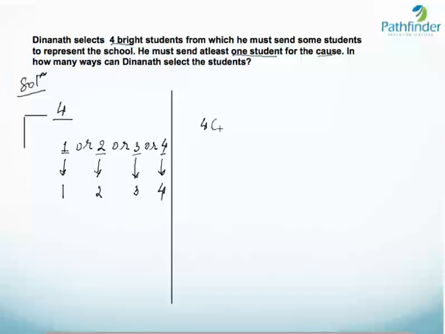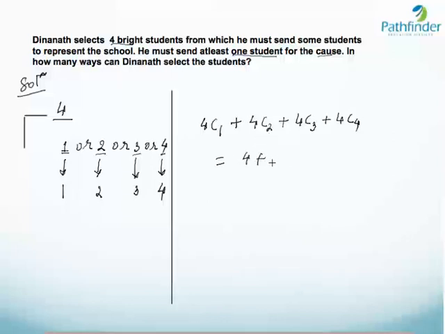So in how many ways can he make all his selections? 4C1 for the first case, and because there is an OR in between, we have an addition sign, plus 4C2 for the second case. Once again there is an OR in between, so we put an addition sign. 4C3 plus 4C4.